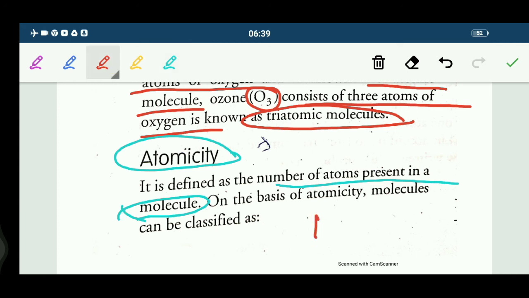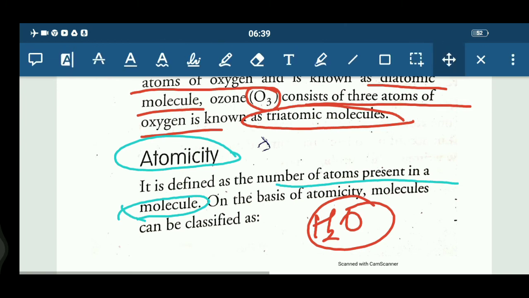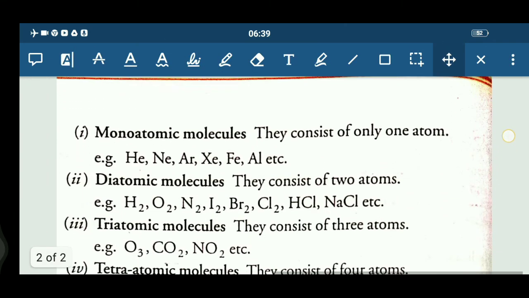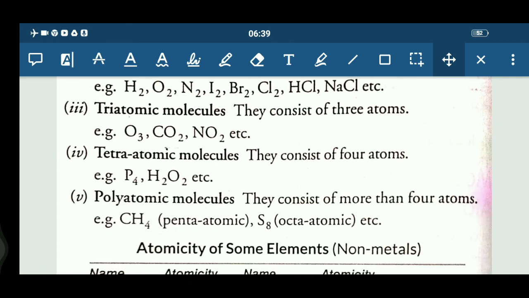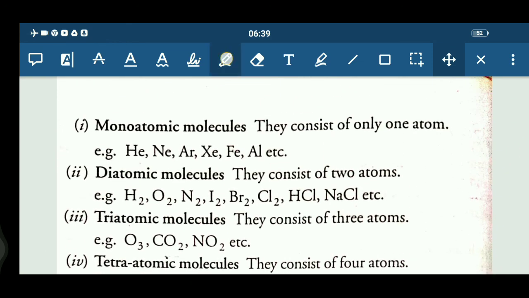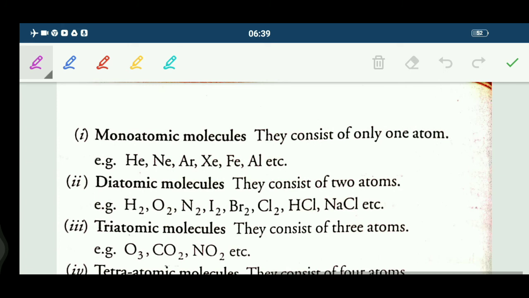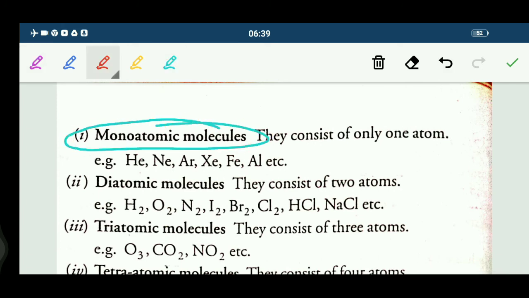So whatever the molecule is, we need to find out the number of atoms. On the basis of atomicity, molecules can be classified as monoatomic, diatomic, triatomic, tetraatomic and polyatomic. This is what we are going to discuss now. Talking about the monoatomic molecule, you can see they consist of only one atom.